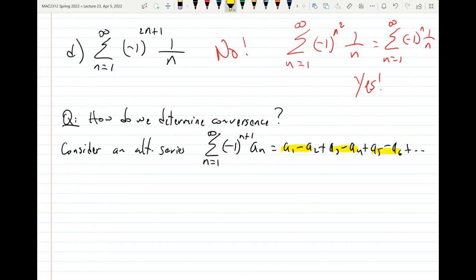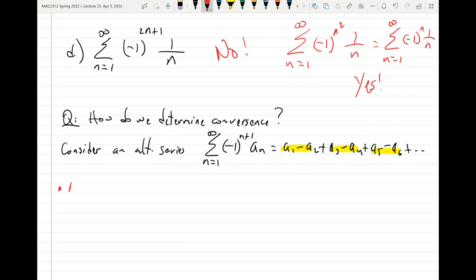This will be a positive number, this will be positive, this will be positive, and then we're going to have this quantity plus a positive quantity plus a positive quantity, and we'll be able to get the monotonicity, something similar to what we had before. So that's one requirement that we're going to have.